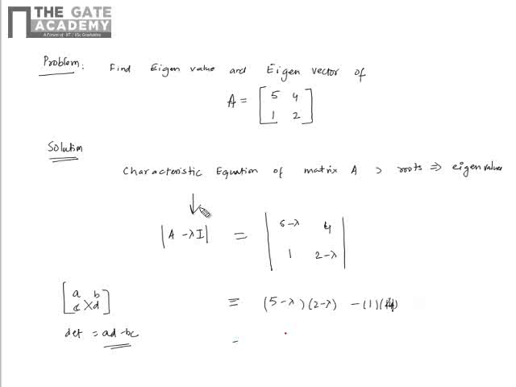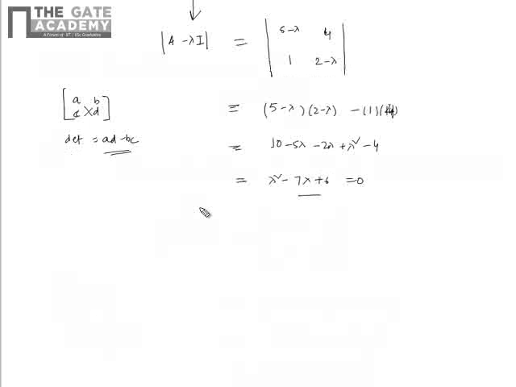If you simplify this, you get 10 − 5λ − 2λ + λ² − 4. So this comes out to be λ² − 7λ + 6 = 0. You have to set the characteristic equation to 0. This is the characteristic equation.